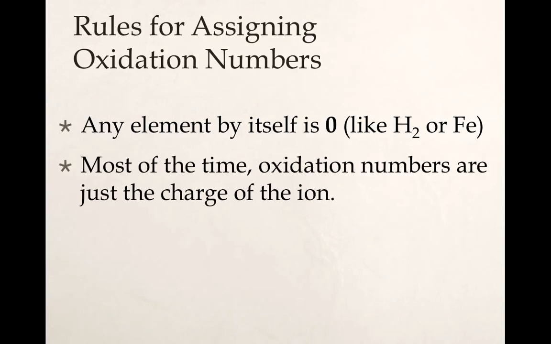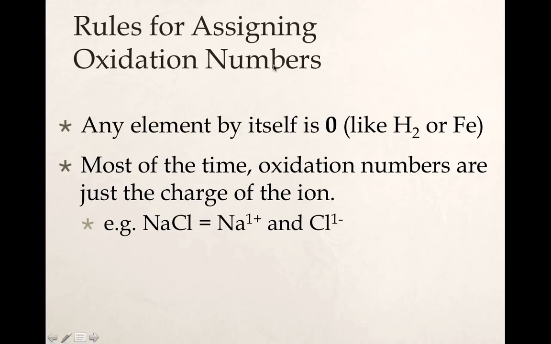The next rule: most of the time, oxidation numbers are just the normal charge of the ion. Like in sodium chloride, NaCl, sodium is +1 and chlorine is -1. Those are the oxidation numbers, and that's exactly what we would expect the charges to be, so they're the same. And again, that is most of the time. Now we're going to talk about some of those exceptions.